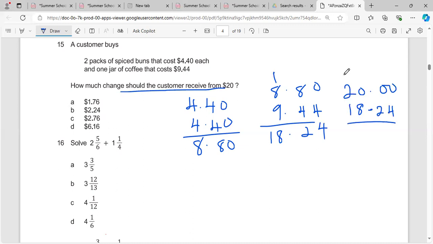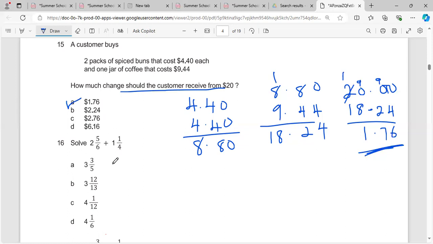So we're gonna borrow, leave 1, 7, 8, 9, eventually 9. 4 from 10 leaves 6, 2 from 9 leaves 7, 8 from 9 leaves 1, 1 from 1, 0. So our answer, or the change, would be $1.76.